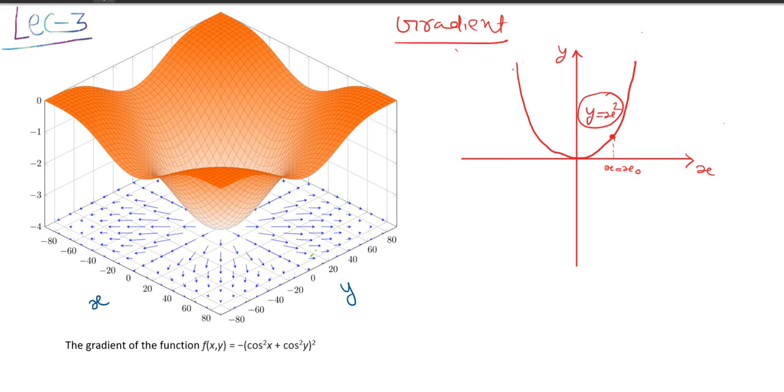Now let's say we want to find the change in y when we move from this initial point x is equal to x naught to some point x is equal to x naught plus h. Here h is tending to 0. That means this is very small.